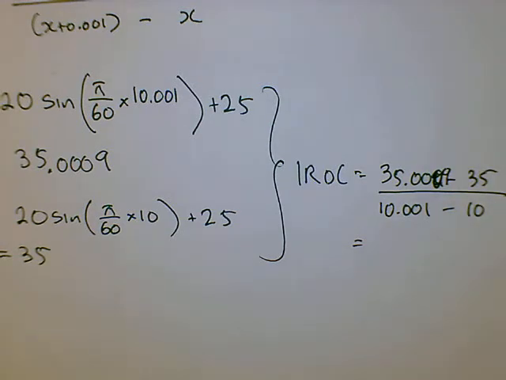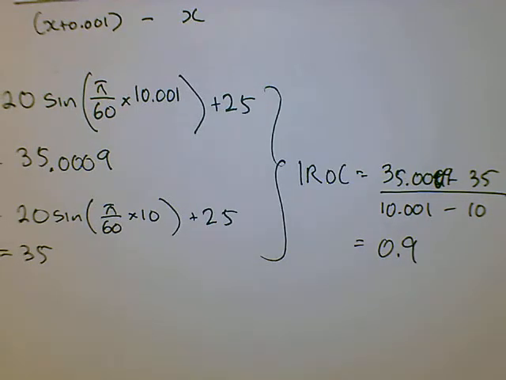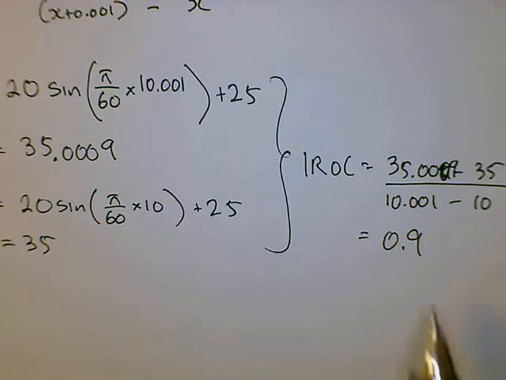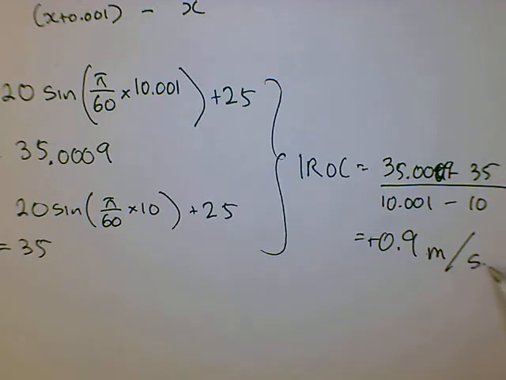So 0.0009 over 0.001. I get about 0.9. At that exact point in time, my height is changing by a positive 0.9 meters per second, according to the units given by the question. Rate of change.